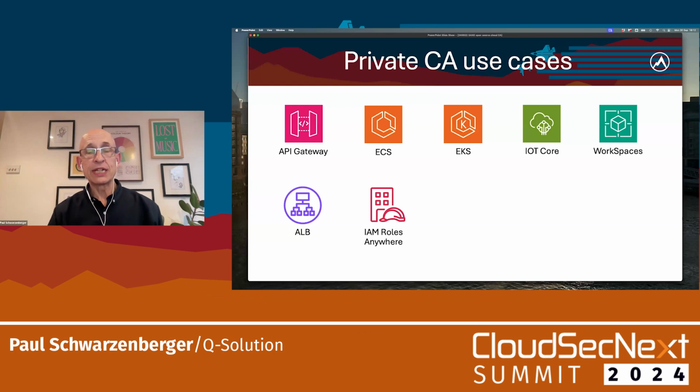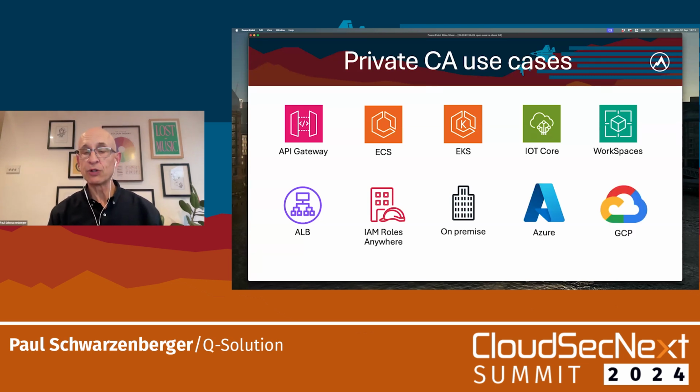There are quite a few examples of different AWS services which have options for client certificate authentication. However, because this is standards-based, it doesn't have to be AWS. While the certificate authority is implemented in AWS, it could support an application that's on-premise or in Microsoft Azure or in Google Cloud Platform.